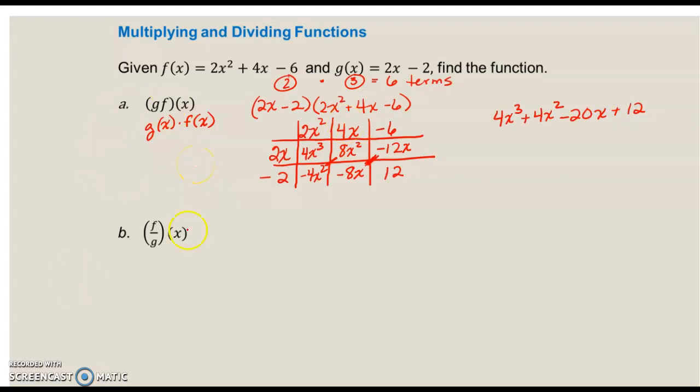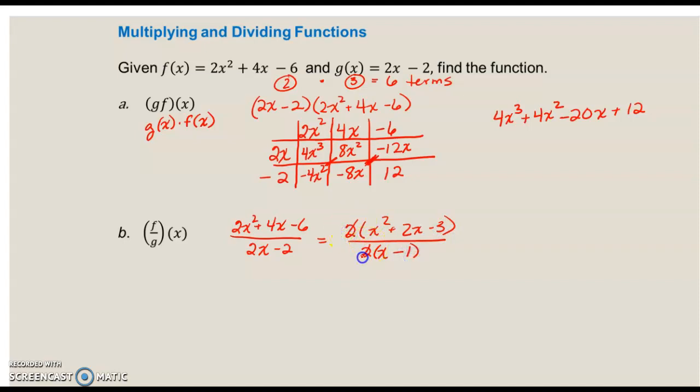That's all you do. I think the division is probably the easiest one of all. F over g of x. You're going to have the f of x, 2x squared plus 4x minus 6, over the g of x, 2x minus 2. If you can factor anything out, you should. Over 2 times x minus 1.